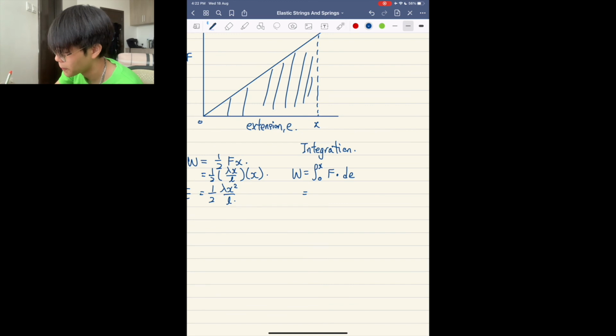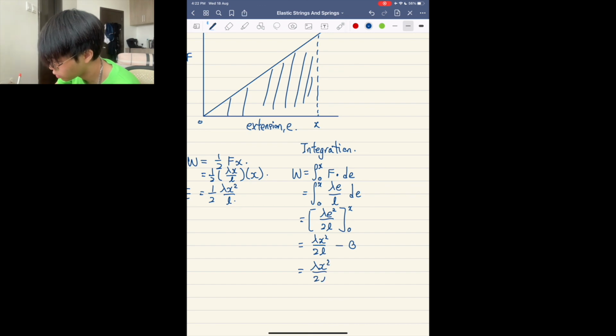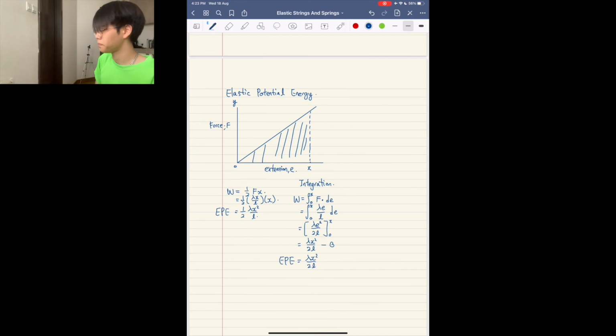So in here, F is also equal to lambda e over L, de. So by integrating that, we get lambda e squared over 2L, from x to 0. So we substitute x and 0 into the equation, we get lambda x squared over 2L minus 0, which is lambda x squared over 2L, which is the elastic potential energy.